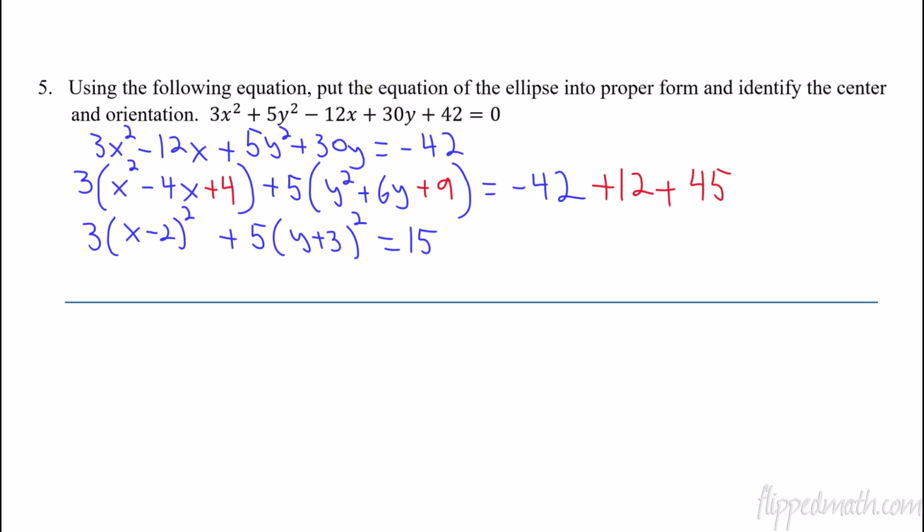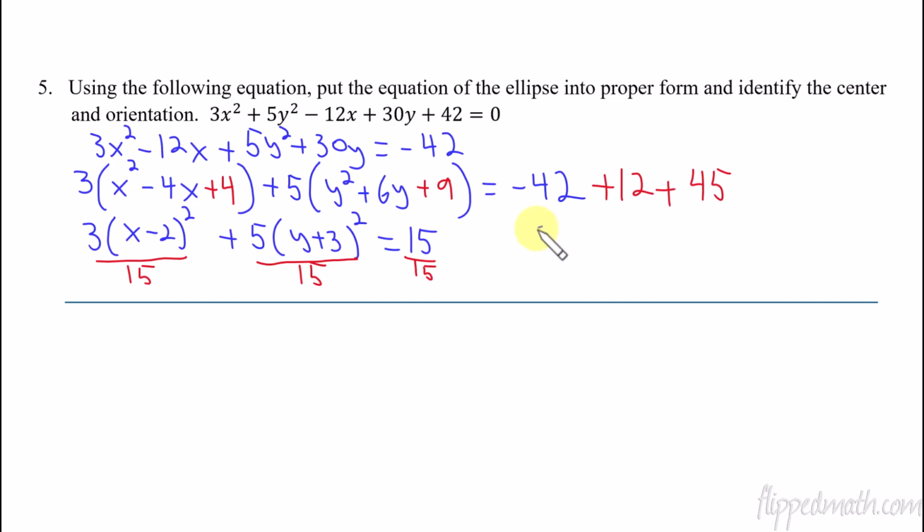Okay, and then the last step here is to get it in standard form for an ellipse, it has to equal 1. So since this equals 15, we're going to divide by 15. Divide each term by 15, and then we are finished. So you can treat this like it's a fraction that reduces the 3 and the 15.